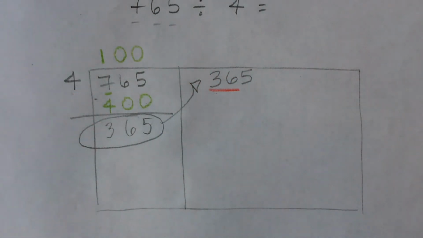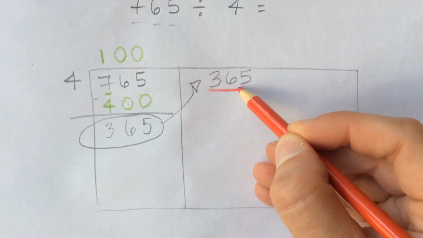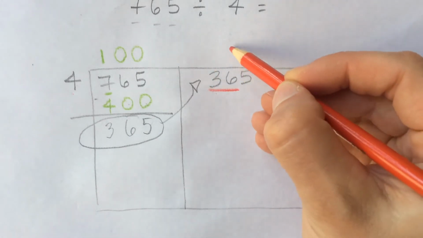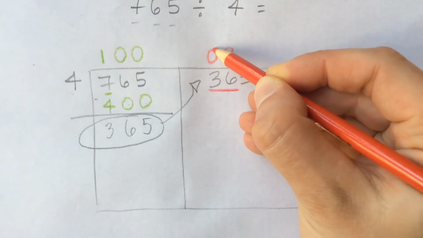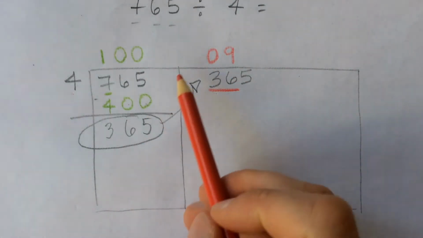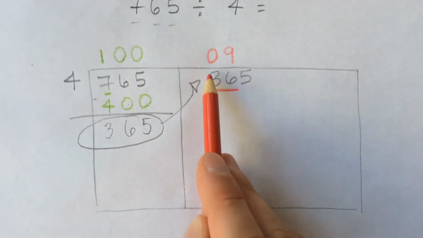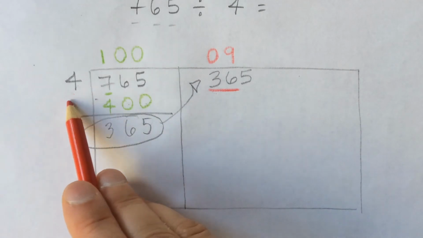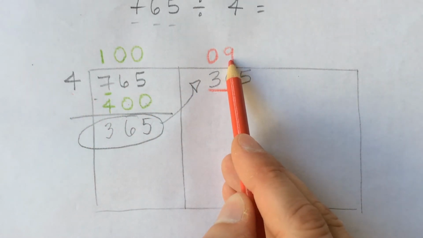Now, what's important is that you did not go into the 3. You went into the 36. So we write the number 9 here. There were 0 4s in 3. I should have put that before. 4 does not go into 3 0 times, but 4 goes into 36 9 times perfectly.